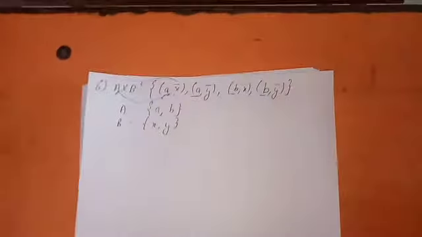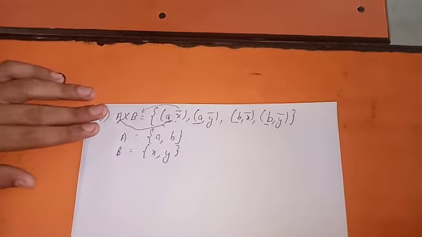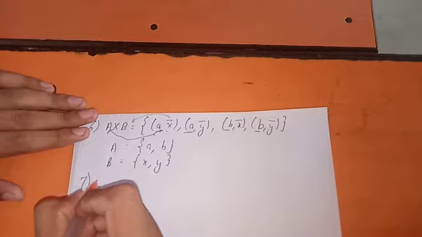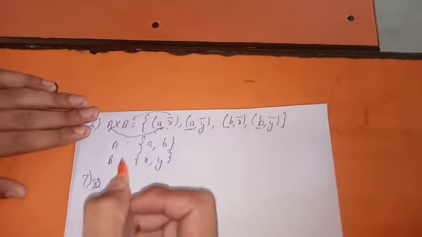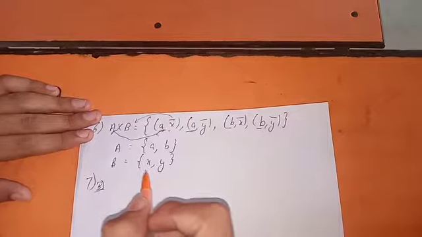Now question number 7 is lengthy. We can solve one of its parts. The second part you can solve on your own. If you still have any problem, then you may ask. First of all we will write whatever information is given to us.